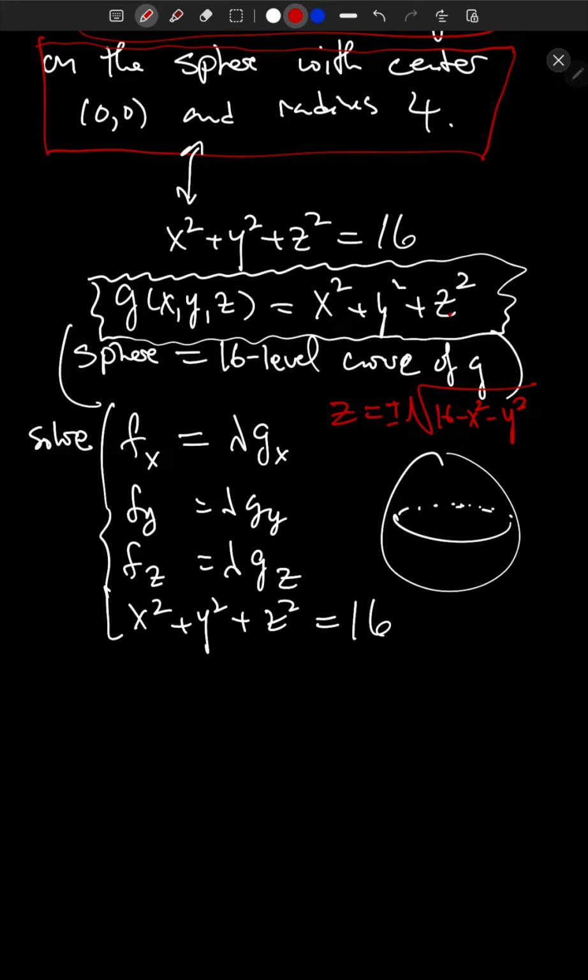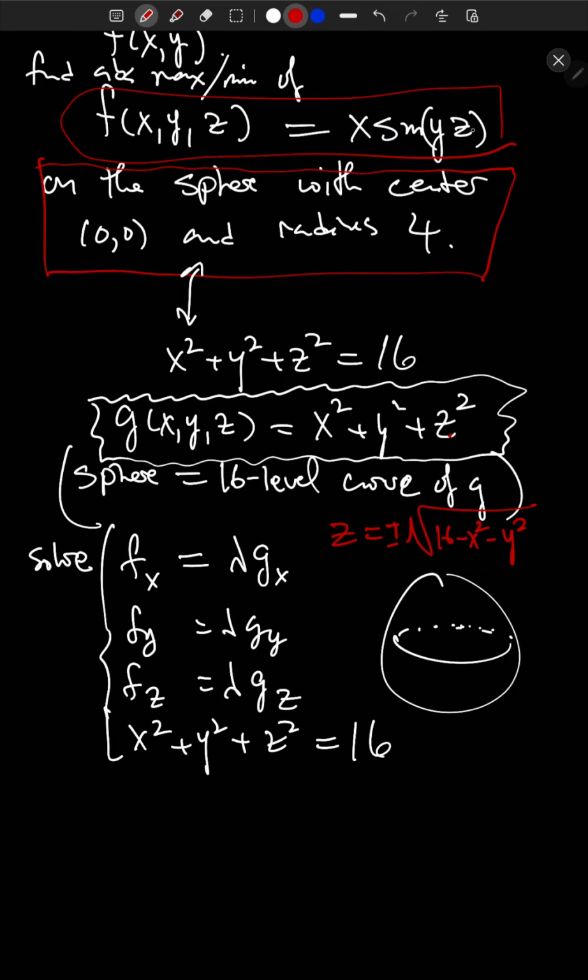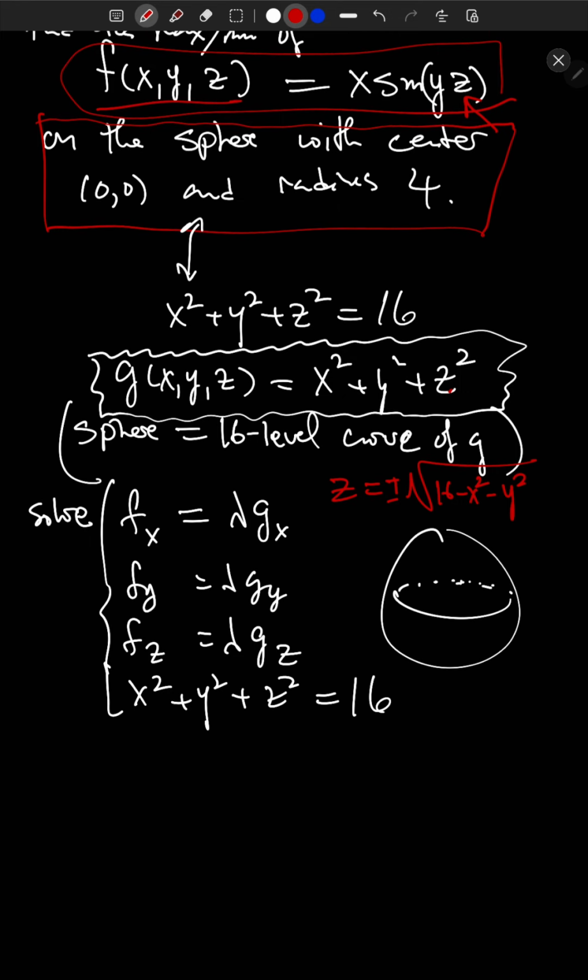So you first have to do that, and then once you have z equals something in terms of x and y, you can replace all your z's with x's and y's. And then you would have a two-variable problem, but over this region down here. So it would be a problem from 15.7. You could solve it previous to 15.8, but it would be a huge pain.